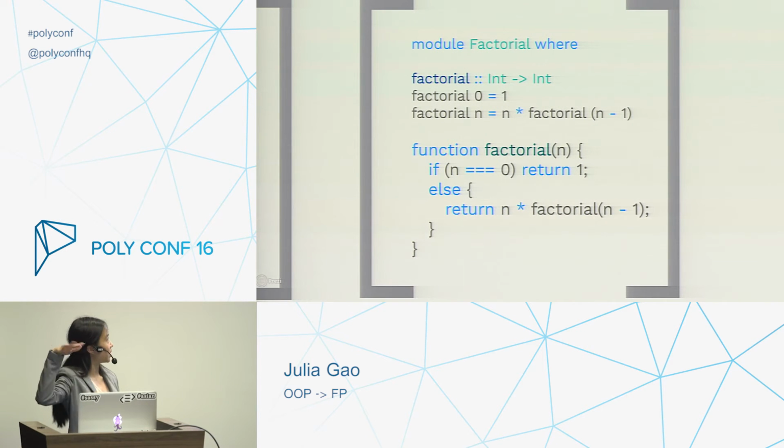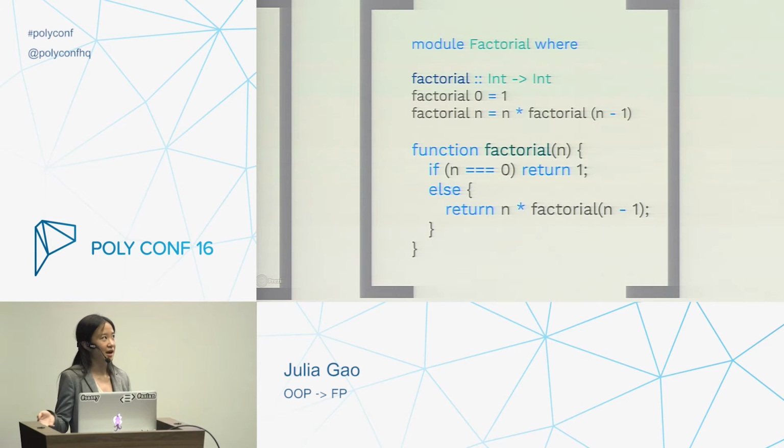So on the top half, we have this Haskell program where we have the factorial. And since Haskell has pattern matching, we can pattern match on when the input is 0, we just return 1. And then if it's anything else, we return the recursive factorial function on n minus 1.